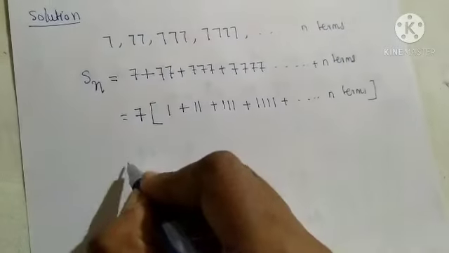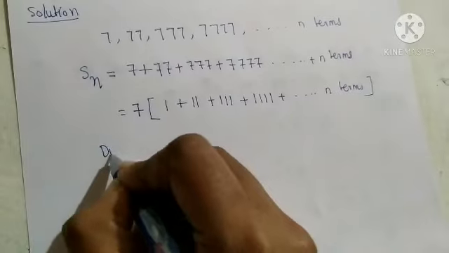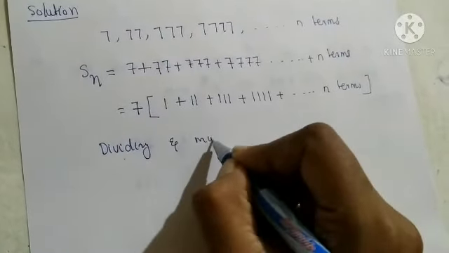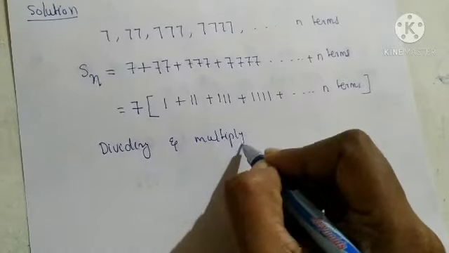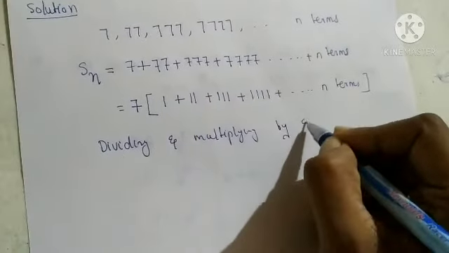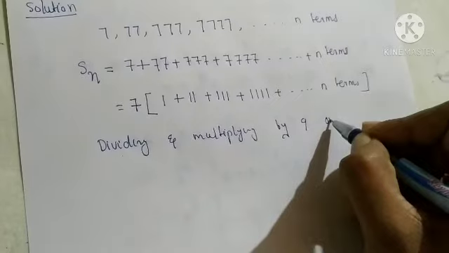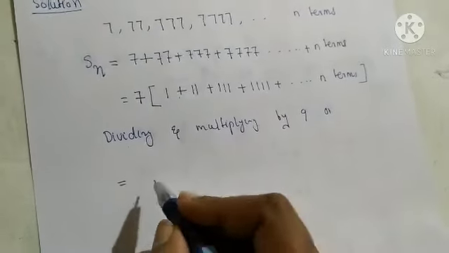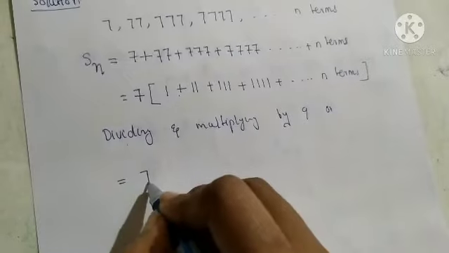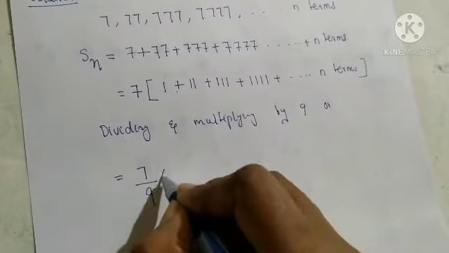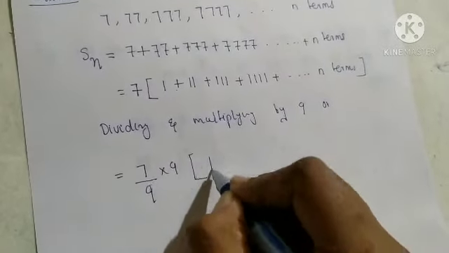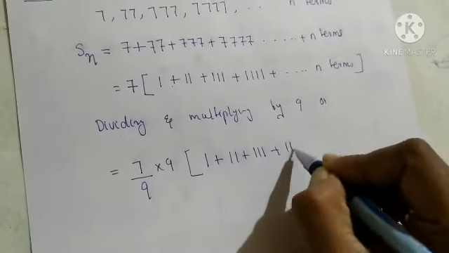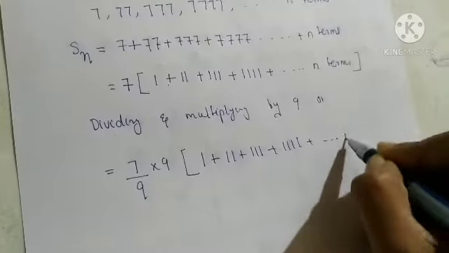So next I am going to divide and multiply by 9. In this term, we get 7 by 9 into 9 into (1 plus 11 plus this term). Okay.